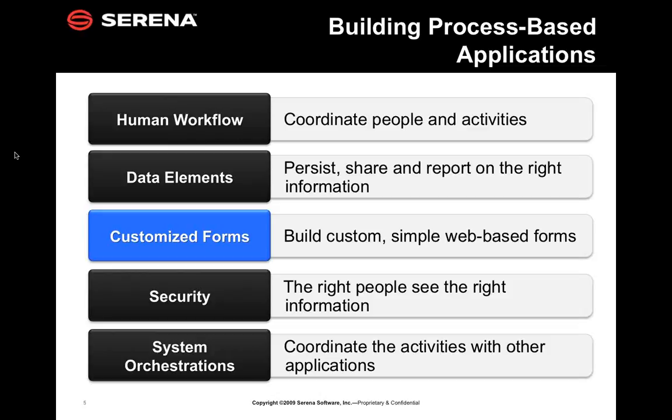Well, there might be things on the front of that, like CRM feeding into that application, and there might be things on the back end, like an order management system, SAP or something like that, where once the customer accepts, we want to initiate the order. And so those process-based applications that you're building should take those things into consideration and be able to leverage investments that may already be inside your organization to handle those other aspects of the business.